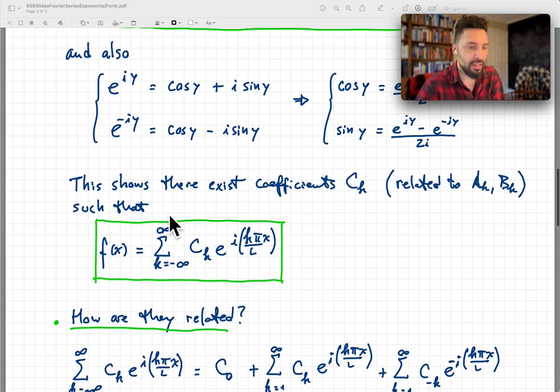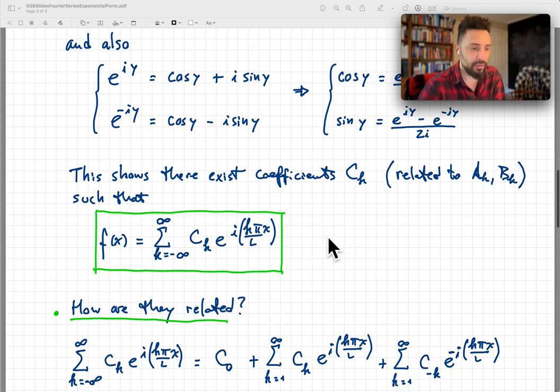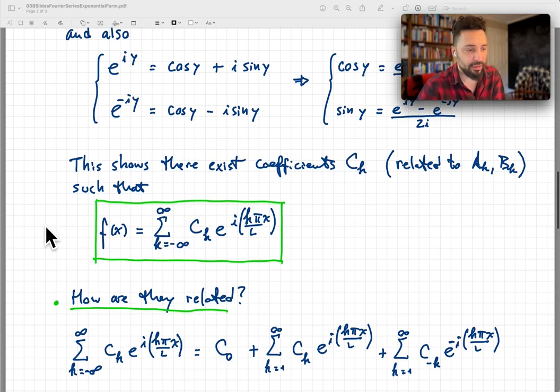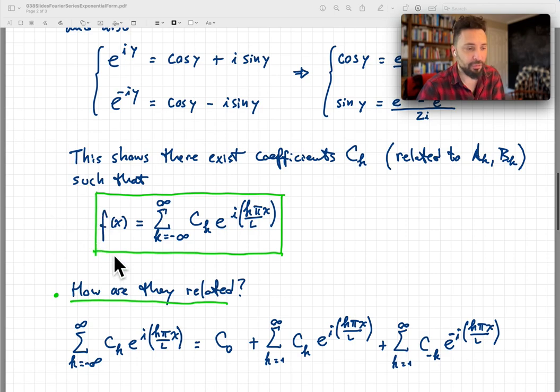So then this is our exponential form of the Fourier series. f of x is a sum from k equals minus infinity to infinity of ck e to the i k pi x over L. And of course you could consider the minus sign here if you wanted to. It's just as well to define this with a minus sign or not. It amounts to really replacing ck with c of minus k, and you're free to define the Fourier series in this way or with a minus sign.